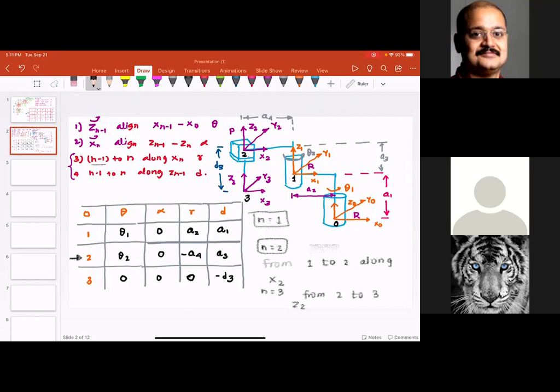So going from n minus 1, which is the 0th axis to 1, along X1. So I'm going in the X1 direction, 1 to 2. Okay, yeah, this would be negative A2.